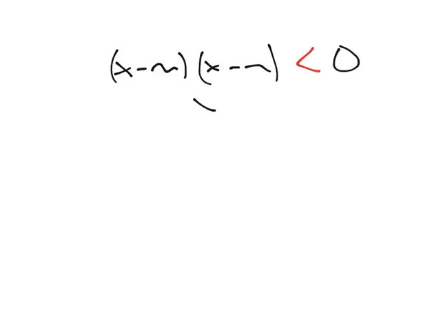Now let me explain briefly why I decided to multiply by that negative. In the lesson video, we said that if we had x minus some number and x minus another number was less than 0, the solution would be that x is between one number and the other number. If it were less than or equal to, I could actually just put these equal to signs, and that's correct.